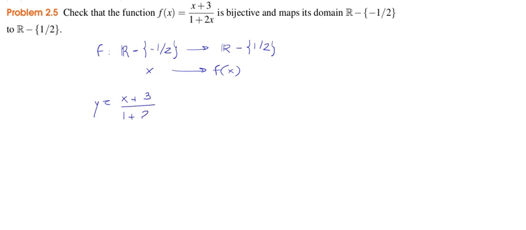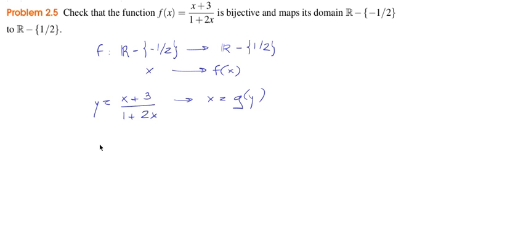If I try to solve this equation for x, so that I get x as some function g of y, which will actually be the inverse of f, then I can say that for every y, and we will see if it belongs to this set or not, we can have an x. Let me explain that.